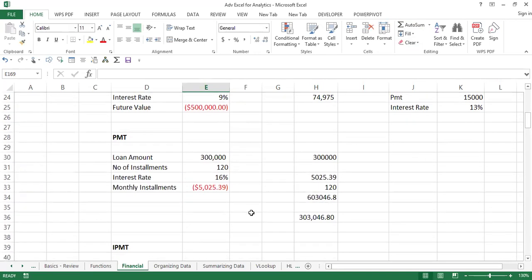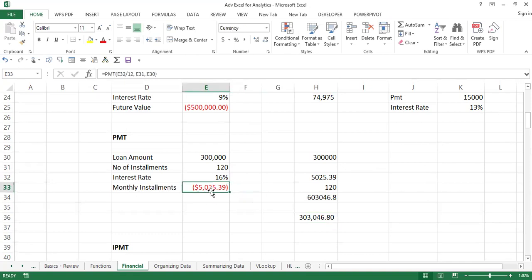You can remember when we did our calculation before, we computed our interest to be this 303 something. Remember?